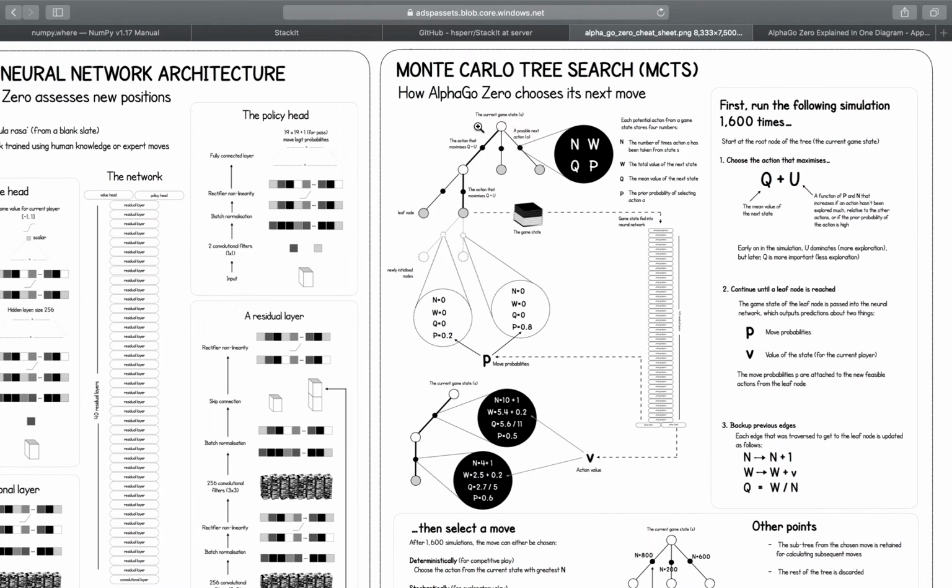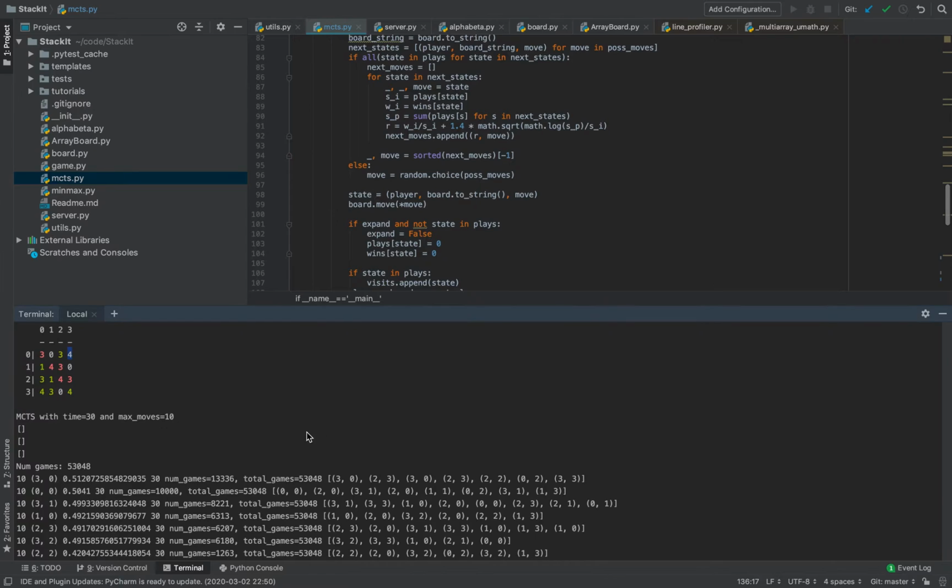Okay, and another thing that you can add on top of that is the upper confidence bounds. Also a heuristic: if you have already added all possible moves of a certain depth into your tree, you want to maybe play nodes that have a higher win rate a little bit more often than nodes that have a lower win rate, just to make sure that you explore more promising nodes better than less promising ones.